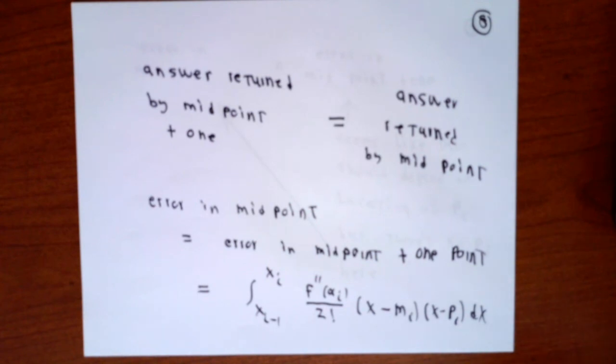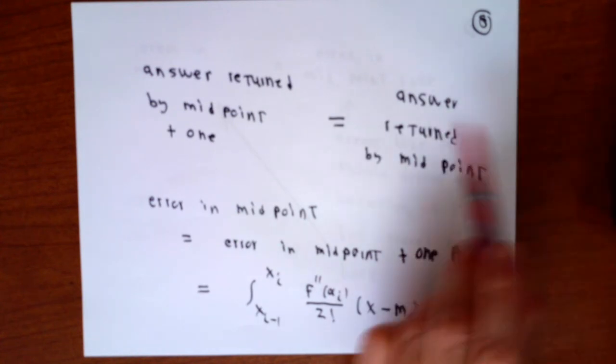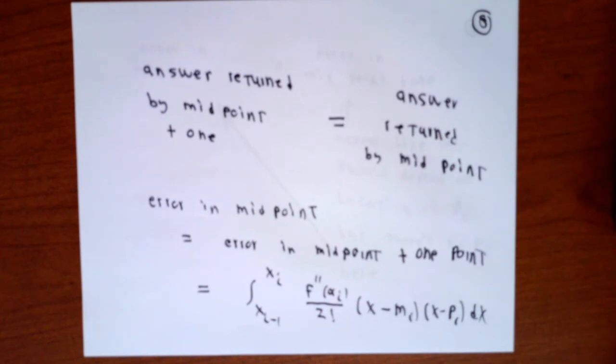What in the world does this mean? It means that the answer that comes out of the midpoint rule, and the answer that comes out of the midpoint rule plus this additional point pi, are the same thing. This was not obvious at the beginning, but it works out this way.